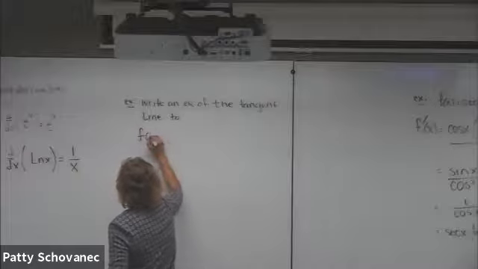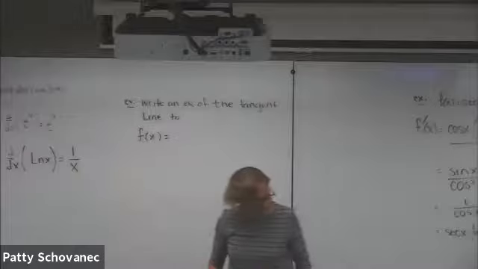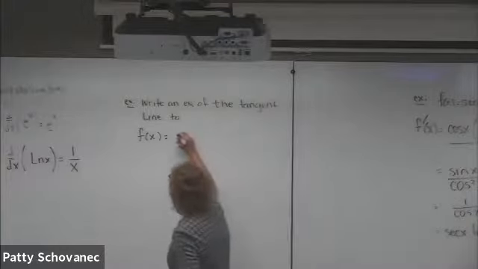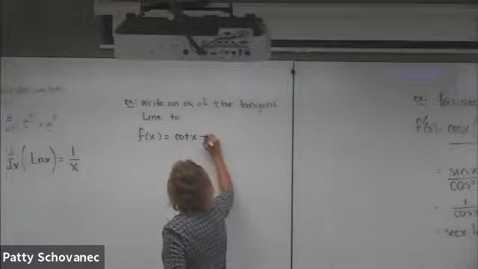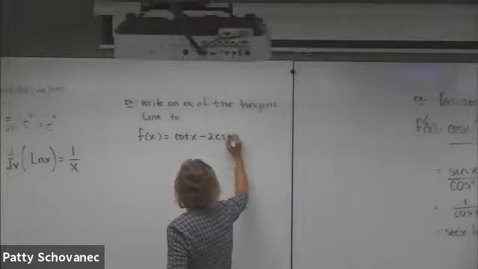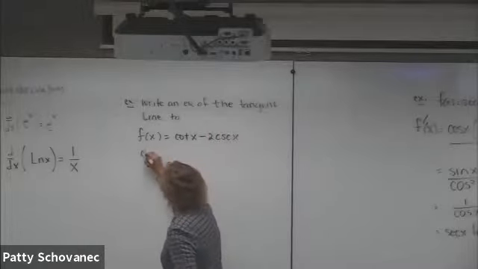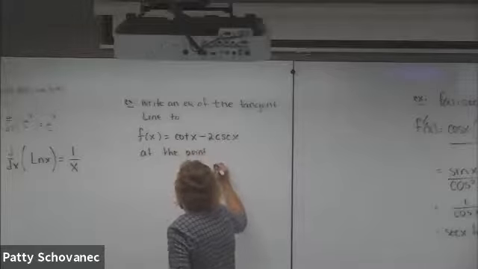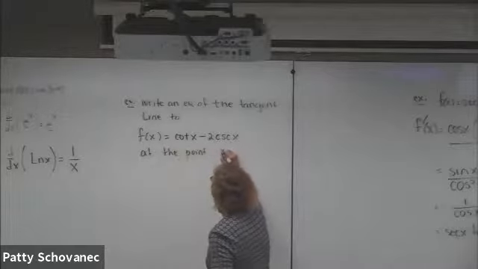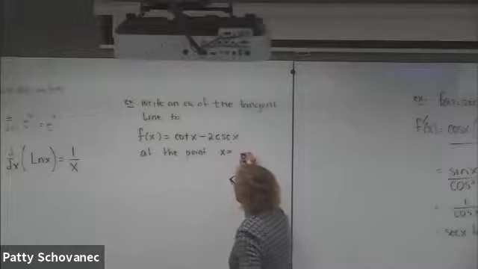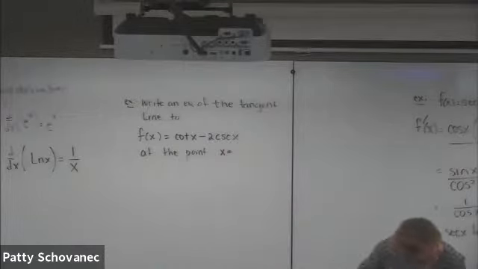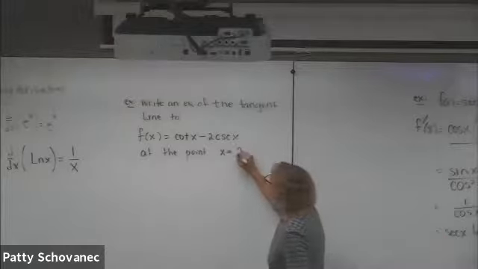The graph of f of x is equal to cotangent of x minus 2 times the cosecant of x at the point x is equal to, I don't know, how about 2 pi over 3. Thank goodness, we get to do some trig.